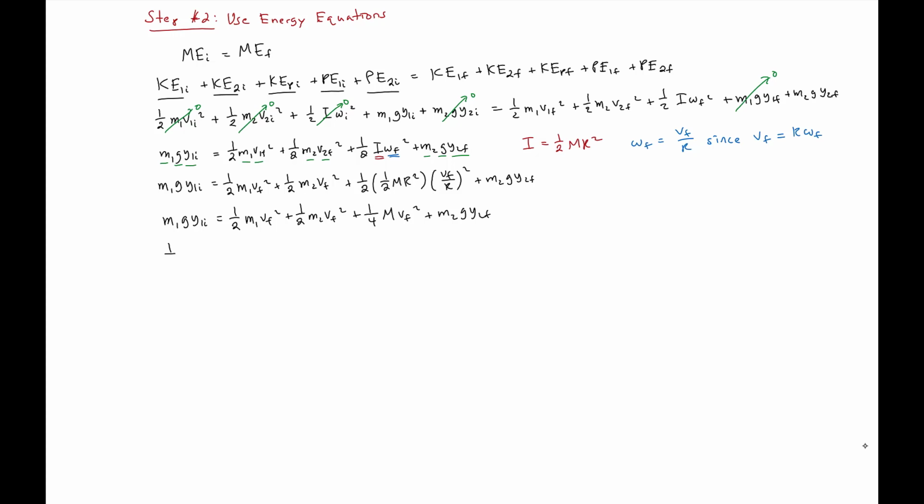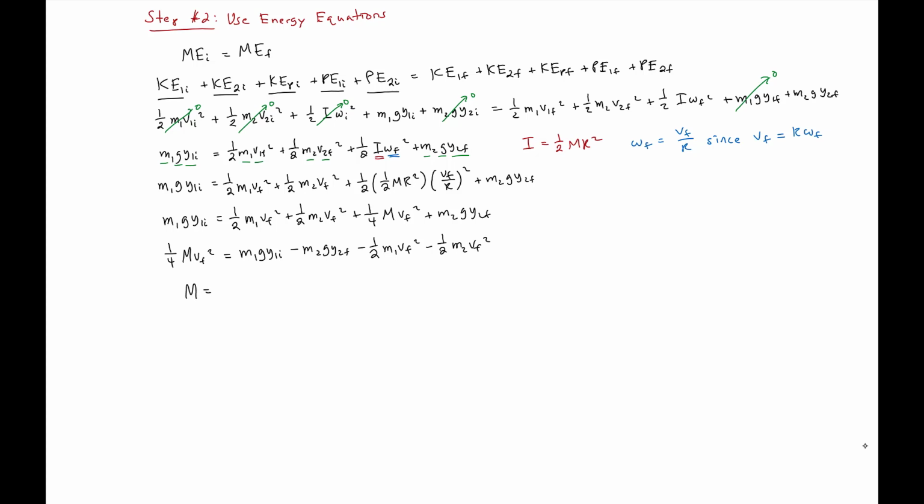Okay, so let's move 1/4 M vf squared over, just so we can start to solve for M. Everything else can be moved over. Let's keep these potential energies together. Then we have minus 1/2 m1 vf squared minus 1/2 m2 vf squared.